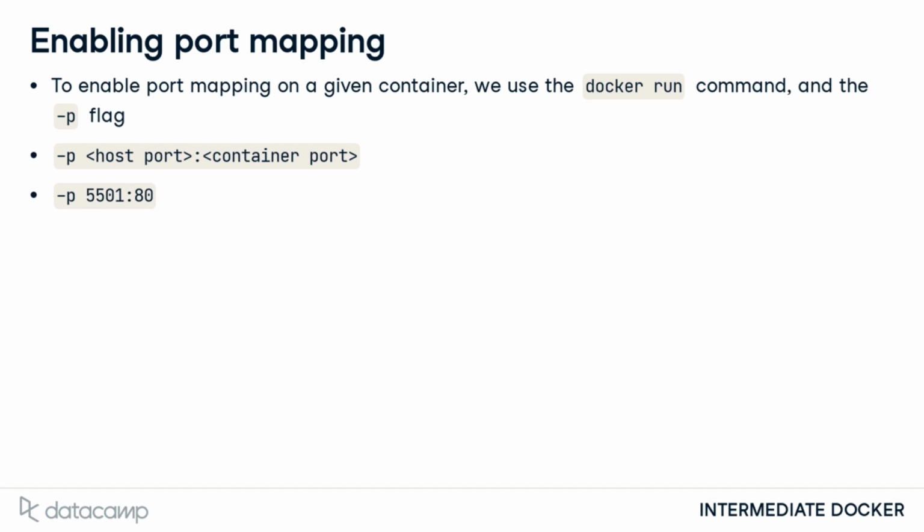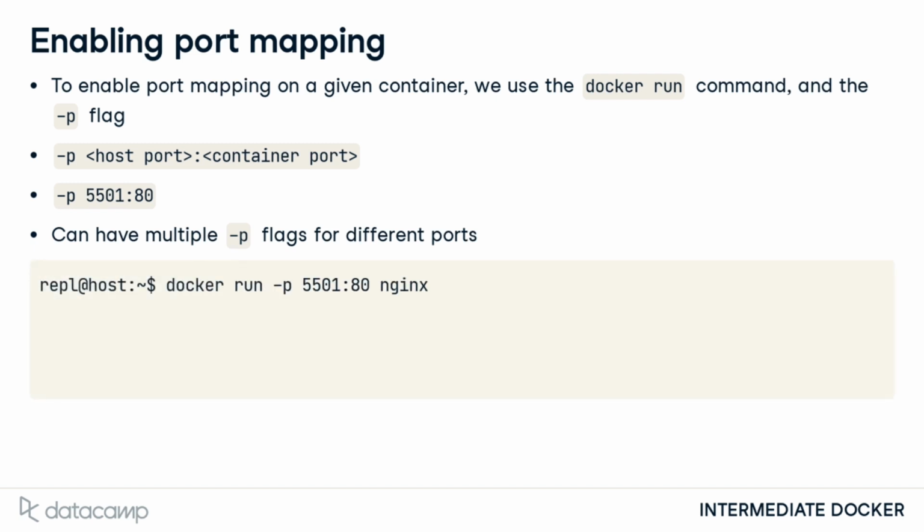Also note that we can have multiple -p flags if there are different ports to publish from the container to the host. As a full command, we would run docker run -p 5501:80 nginx. This would set up the web server listening on port 80 in the container, and Docker would create the map from 5501 to 80 for us.